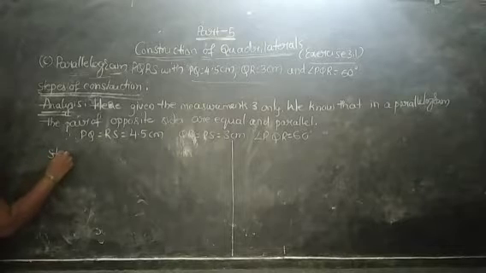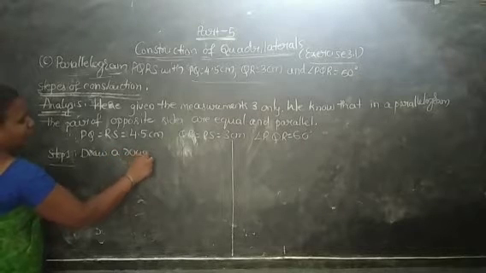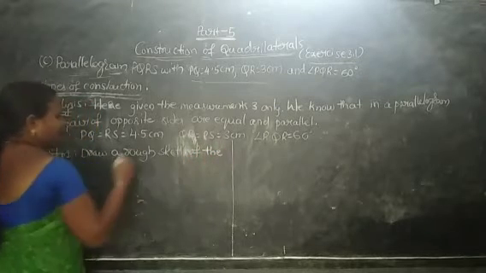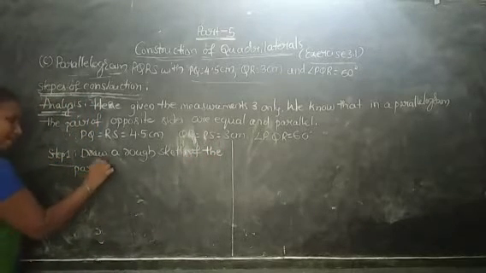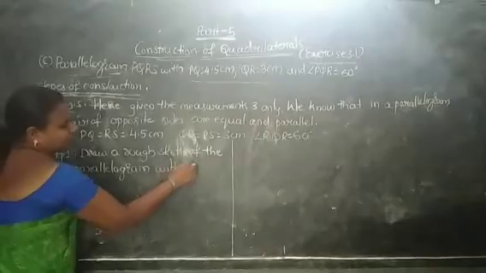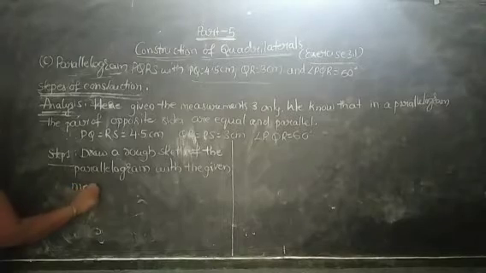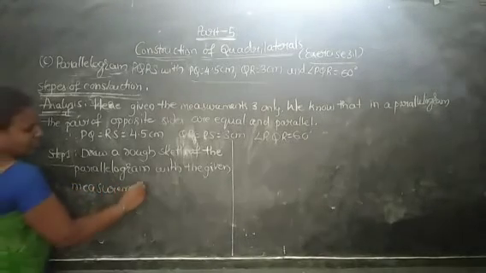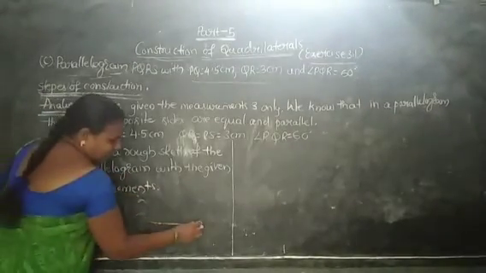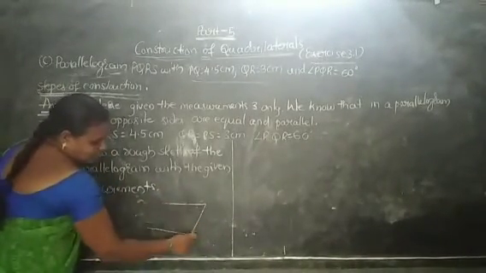Step 1. Draw a rough sketch of the parallelogram with the given measurements. Given measurements are PQRS, this parallelogram, where opposite sides are parallel.